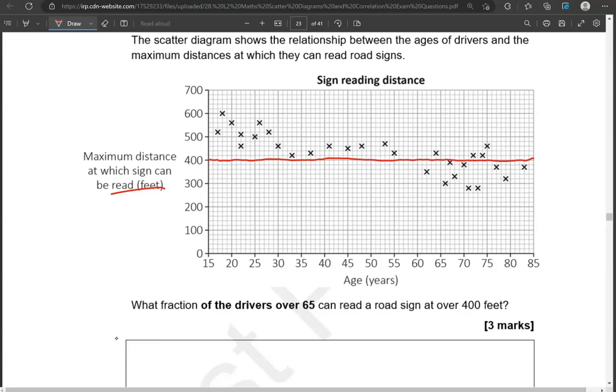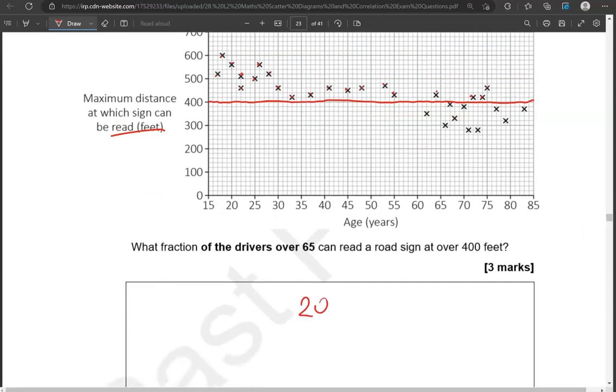So we have 1, 2, 3, 4, 5, 6, 7, 8, 9, 10, 11, 12, 13, 14, 15, 16, 17, 18, 19, 20 of them out of 21, 22, 23, 24, 25, 26, 27, 28, 29, 30. So that is 2/3.